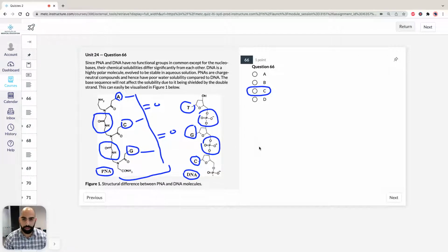Now, this question was simple, but in the GAMSAT they might ask you questions of a similar nature regarding the structure of DNA. You have to understand that the negatively charged phosphate backbone is important in research because we can use this property for gel electrophoresis.